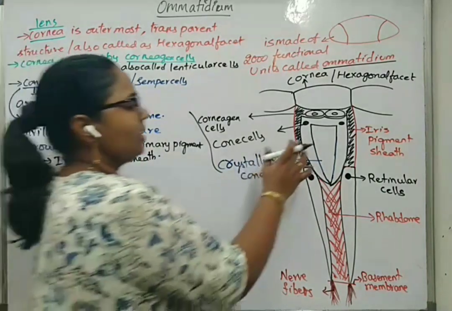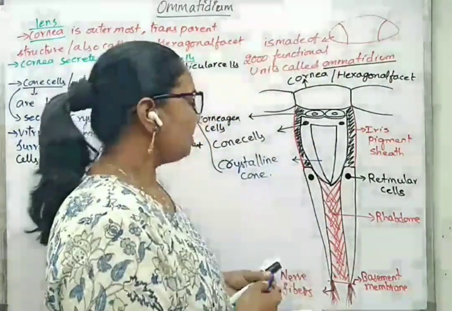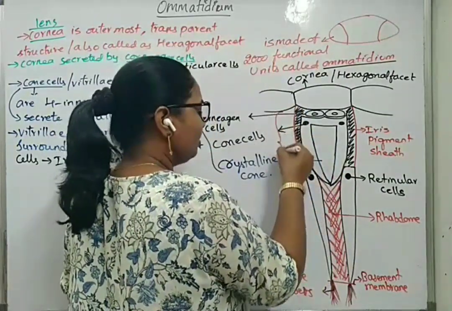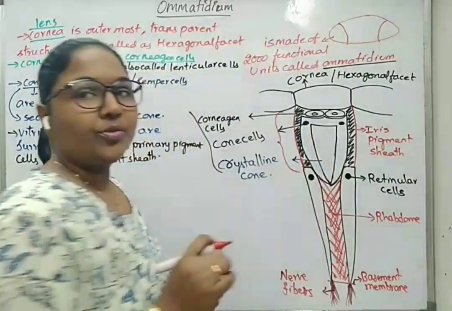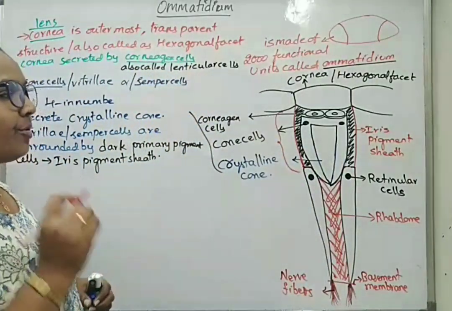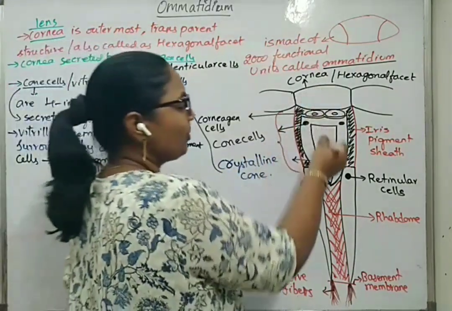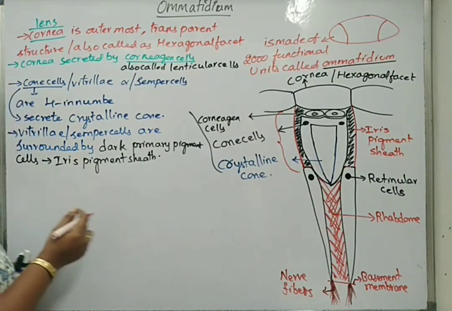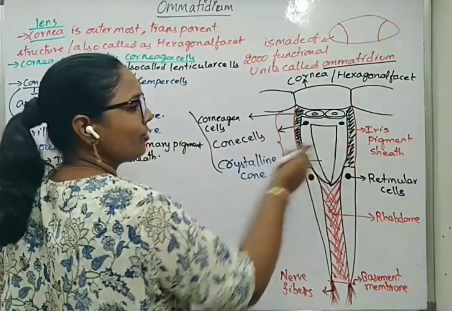Now, this crystalline cone and also the cone cells together form the dioptrical region, from here to here. Cone cells and crystalline cone, both of them are involved in focusing of light and also refracting of light. What is meant by refraction? Refraction means when the light comes from here, it supports bending of the light.